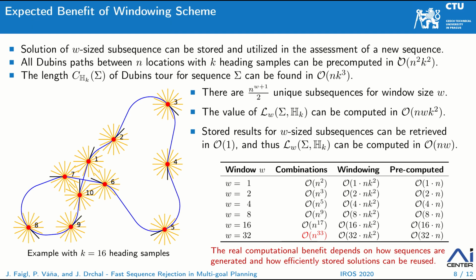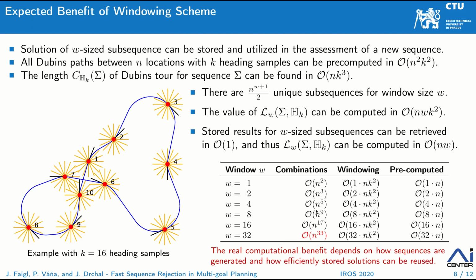The true cost of Dubins tour for a sequence sigma with the discretization schema hk can be found in nk cubed. Regarding the subsequences, the number of unique subsequences increases with the window size, but we do not need to store all subsequences. And for short windows, we can assume we are able to store all the results.